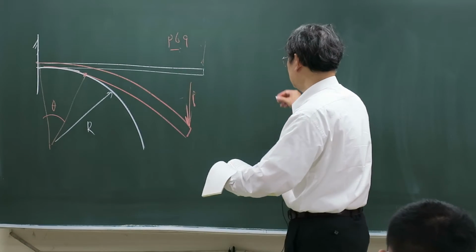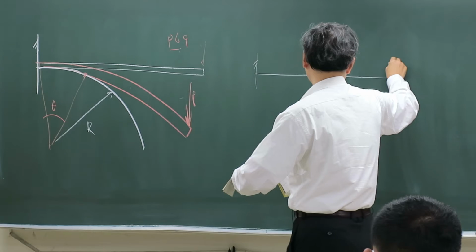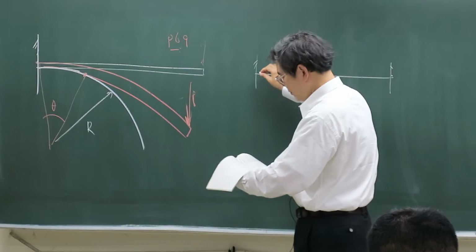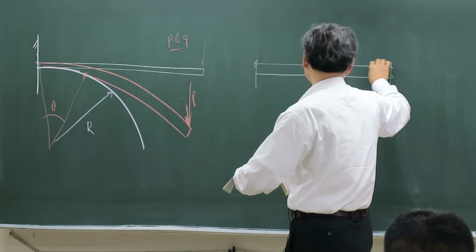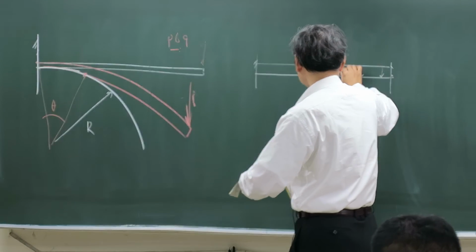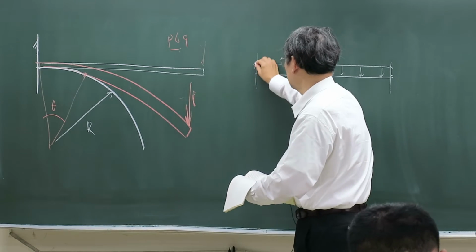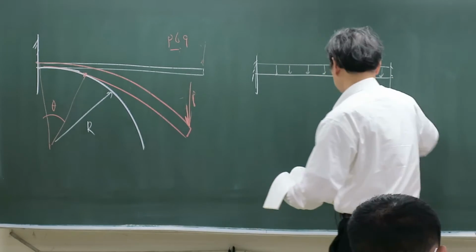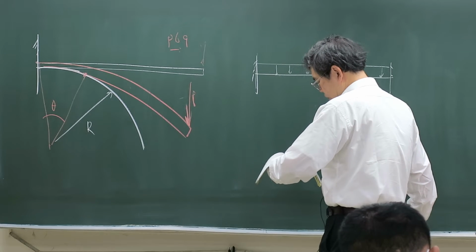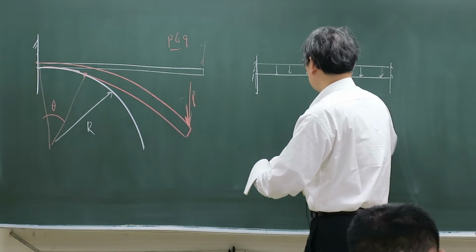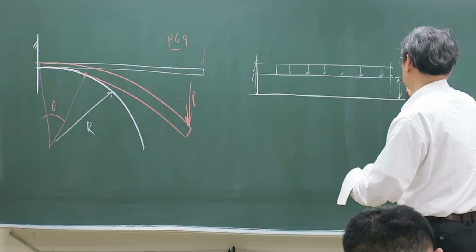Another interesting problem is for a beam. If I put a uniform loading on it, and I have a gap, the gap is delta.